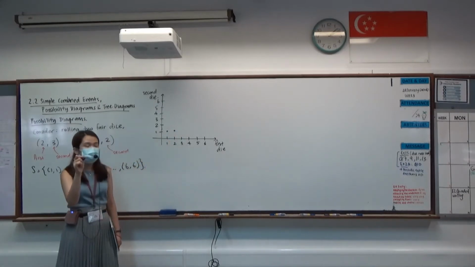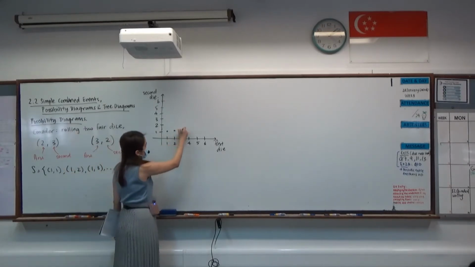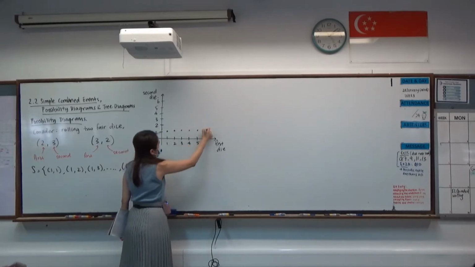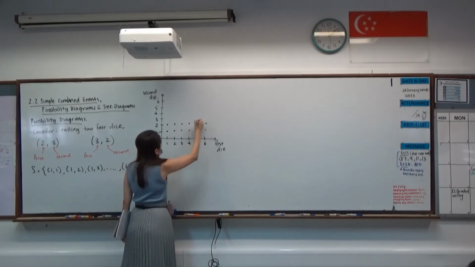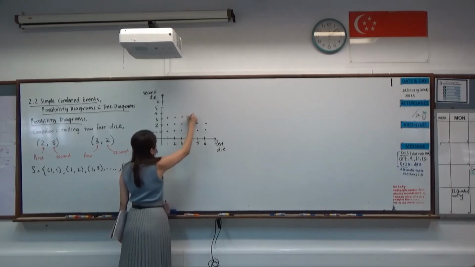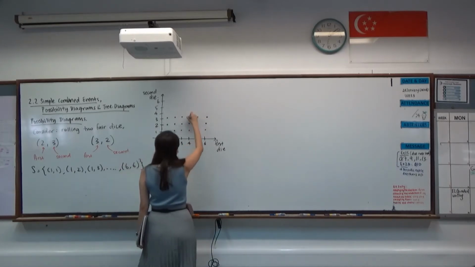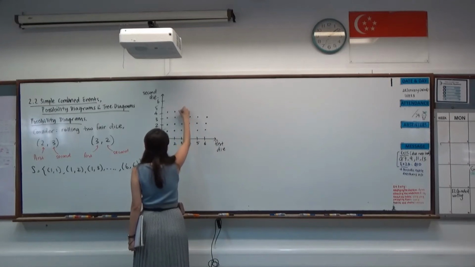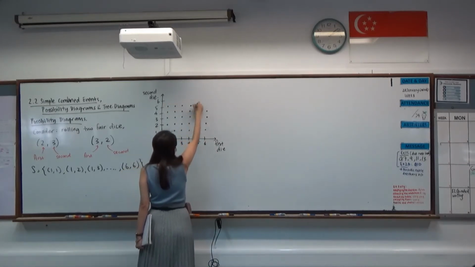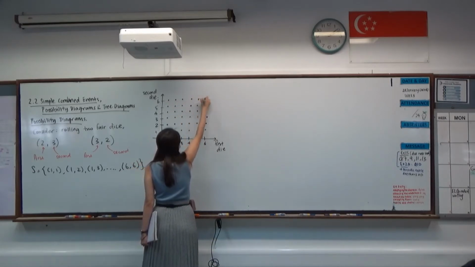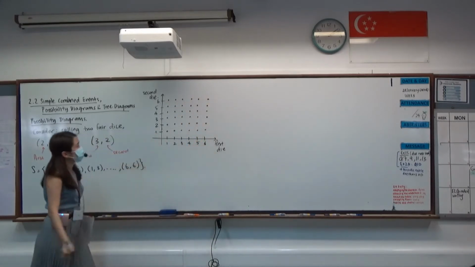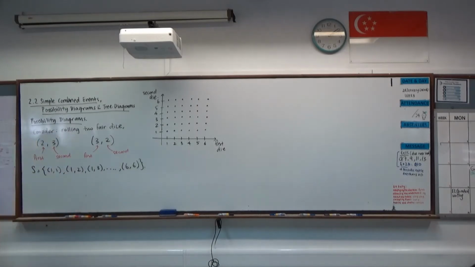It's meant to be a shaded dot. So there will be 36 dots in total. I'm sorry if I'm drawing it slanted, because of angle of elevation and parallax error. So 36 dots represent all the possible outcomes.